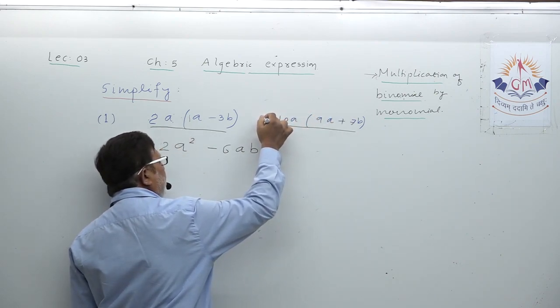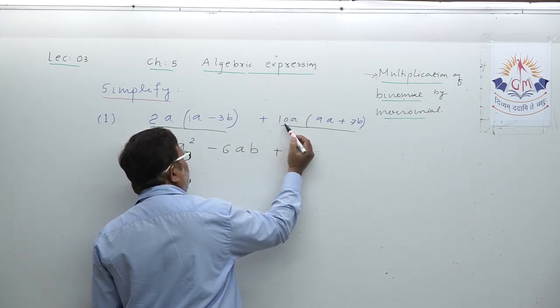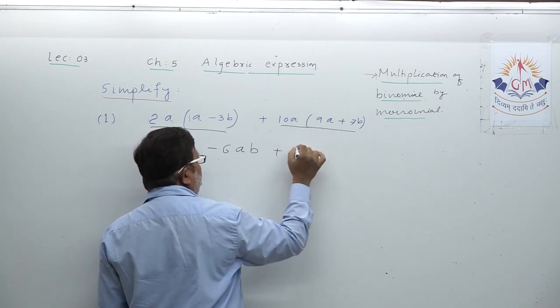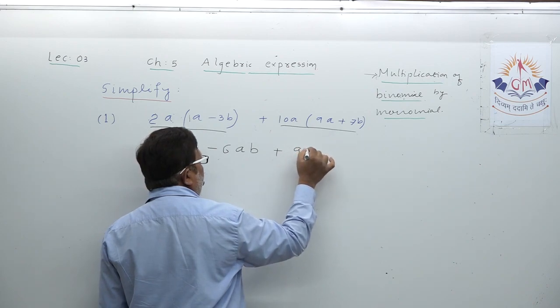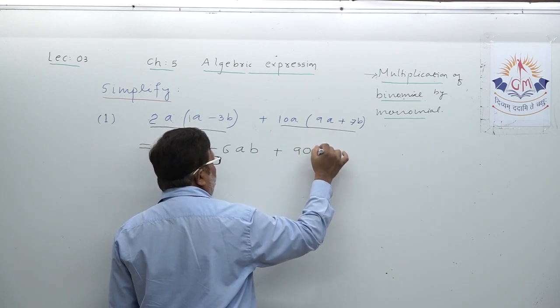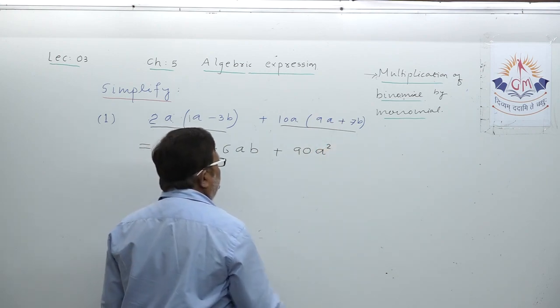Here plus sign, plus plus plus. First, multiplication of numbers, 10 nines are 90. A into A, that is A square, as you all know.